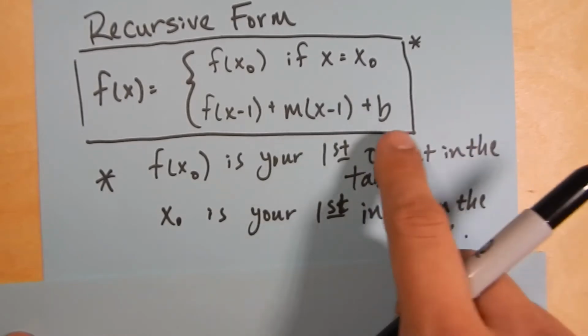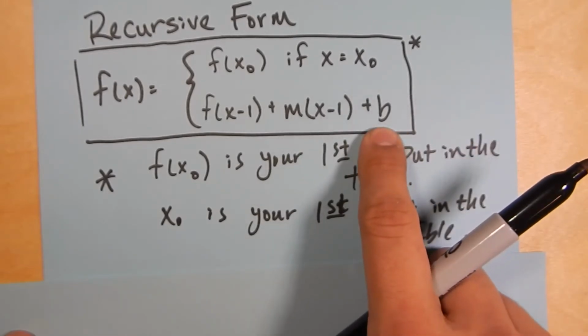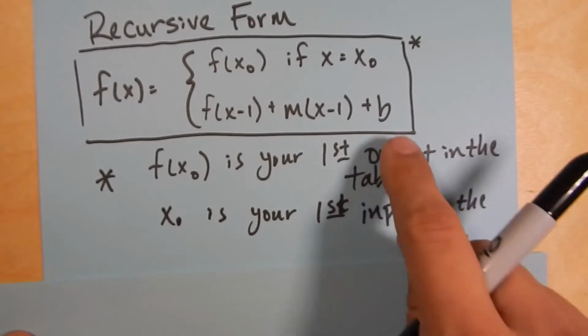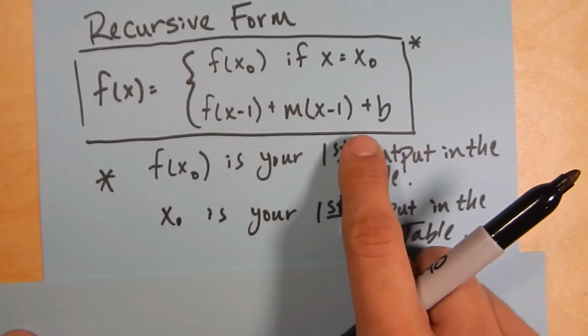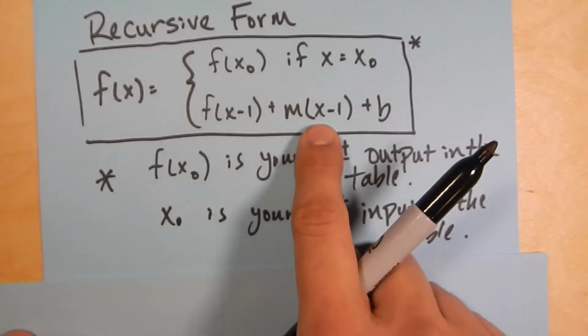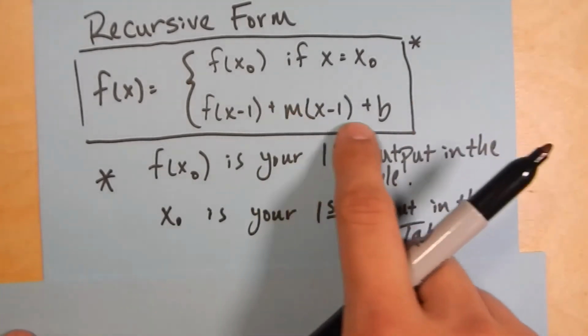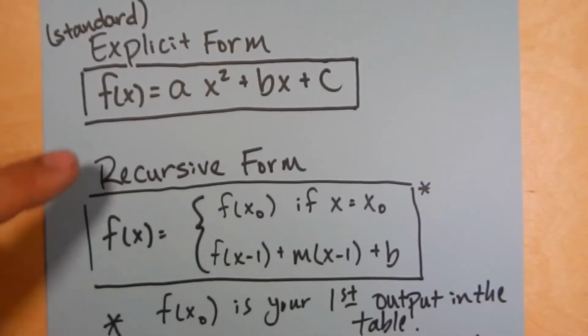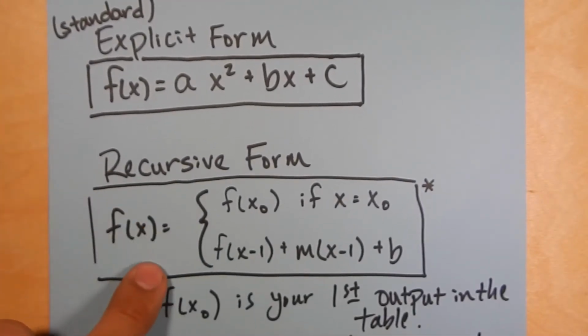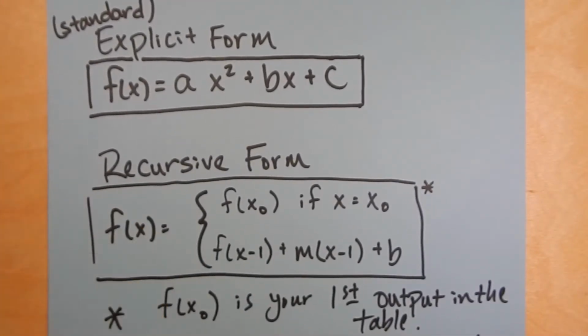It's not exactly a y-intercept every single time, depending on where your table starts. But basically this is a linear function, so I've notated it to bring that to mind. So we have what the forms look like: explicit form and recursive form. This is the difference between them.